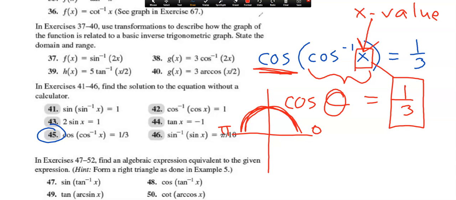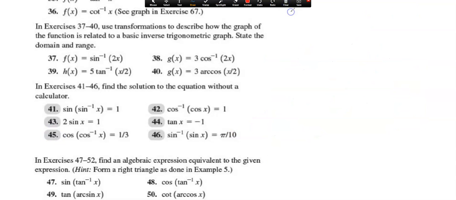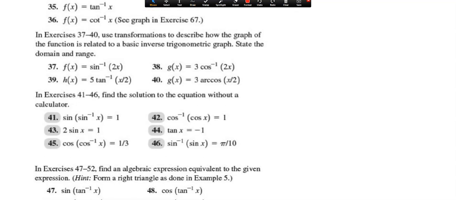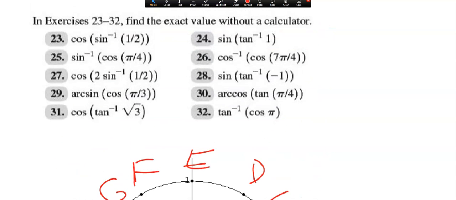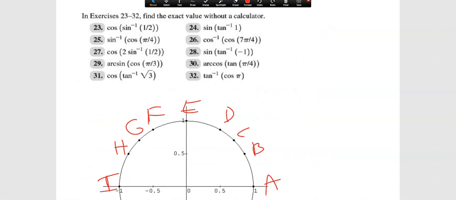Okay, what else? 23. Okay, so sine inverse 1/2. Is that 1/2 an x value, a y value, or a slope?